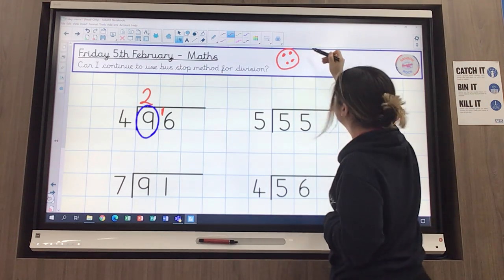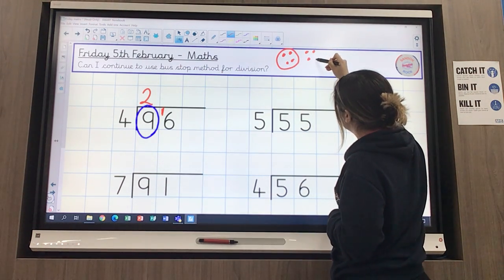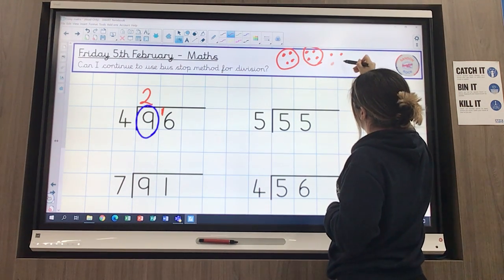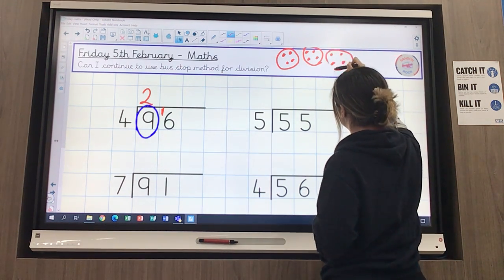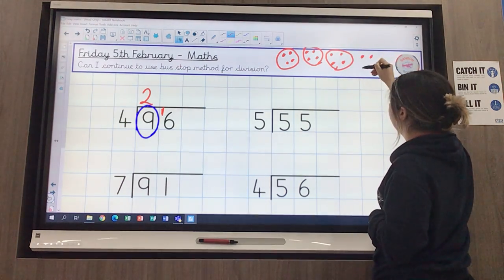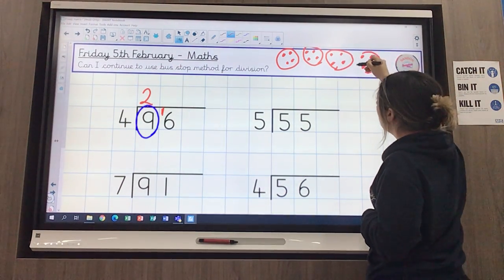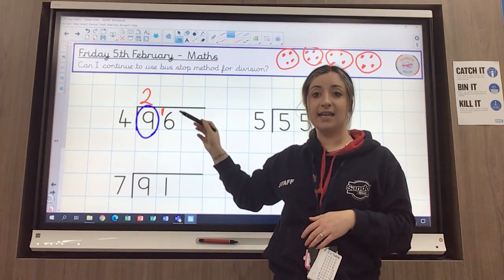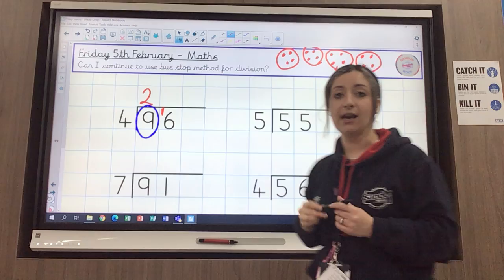There's 1 group. 5, 6, 7, 8. 2 groups. 9, 10, 11, 12. 3 groups. 13, 14, 15, 16. 4 groups, and I've stopped on 16 because that's the number that I'm looking for to see how many equal groups of 4 can fit into that number.